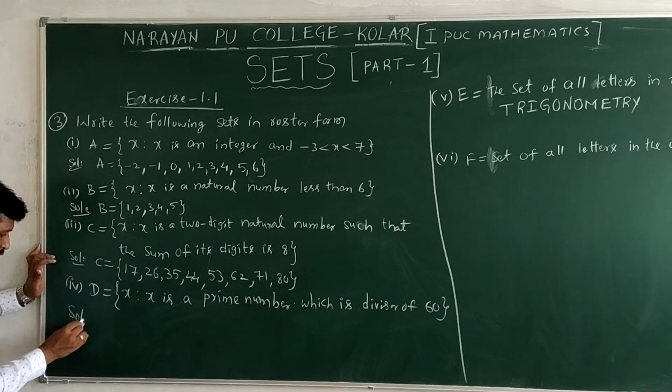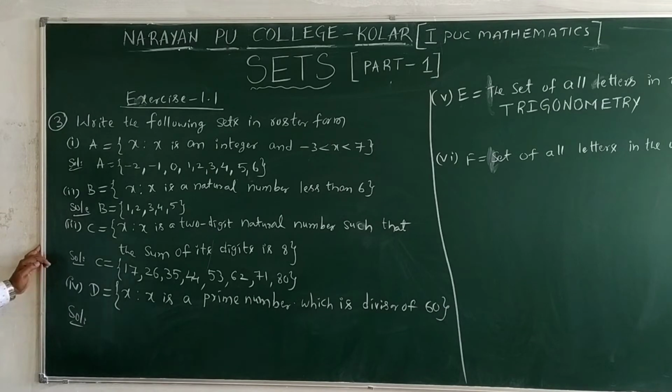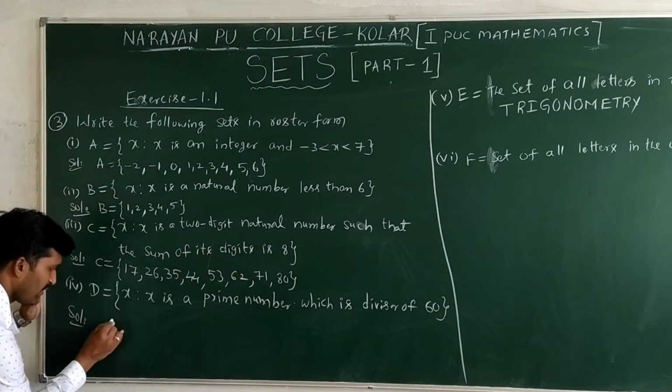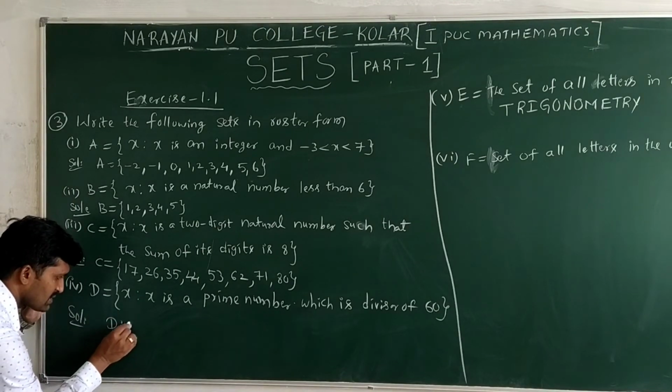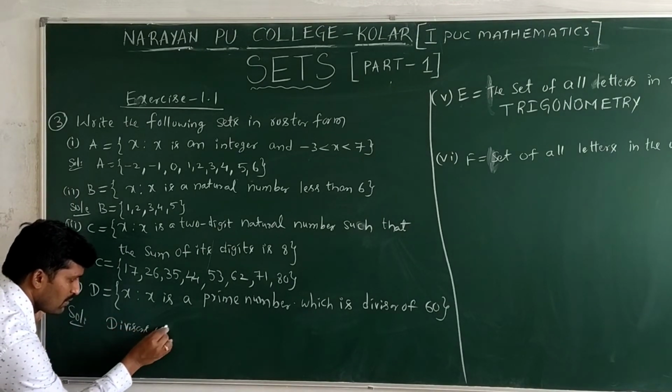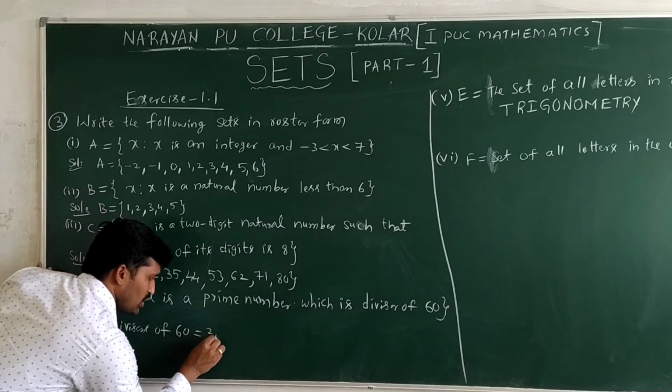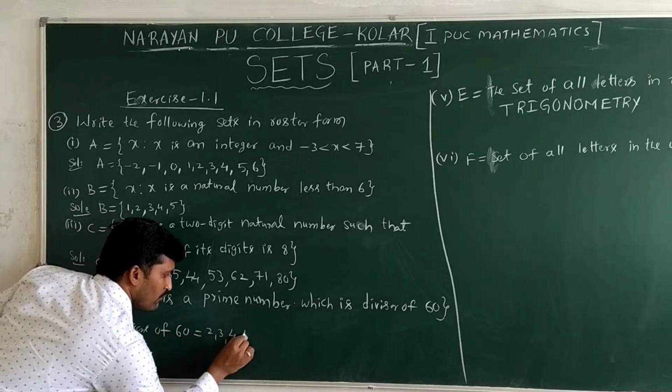Next, fourth one. X is a prime number which is a divisor of 60. First of all, identify which are divisors of 60. Divisors of 60 are 2, 3, 4, 5.